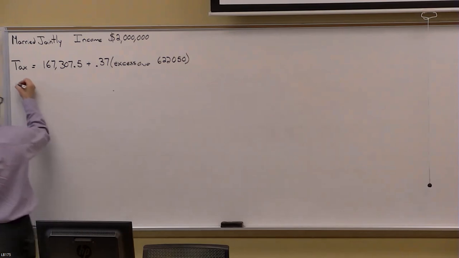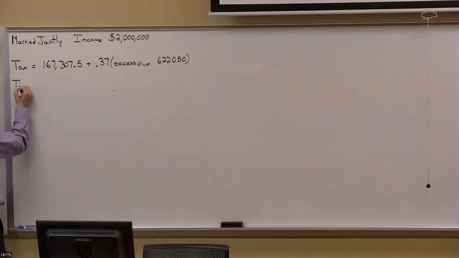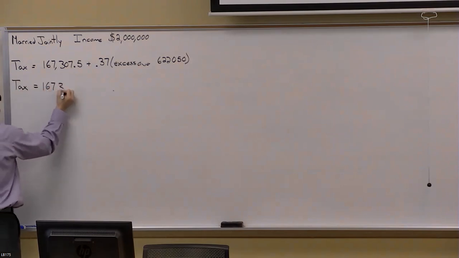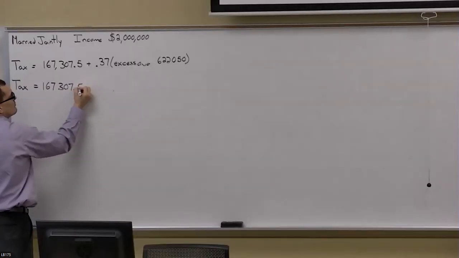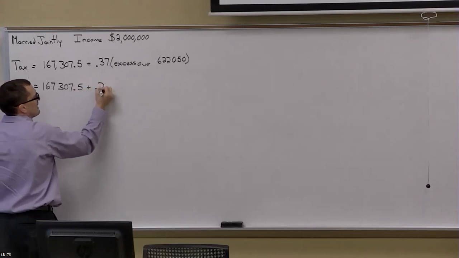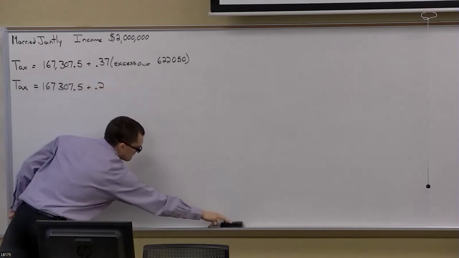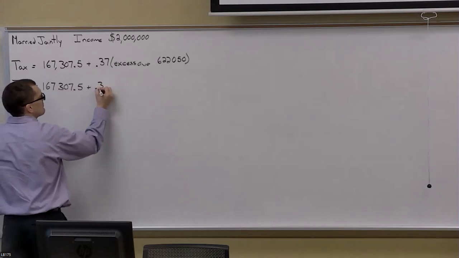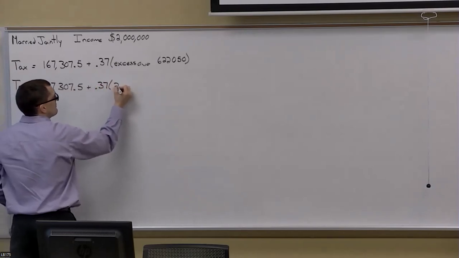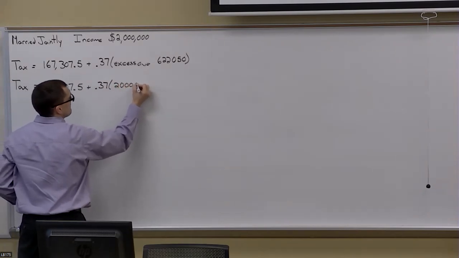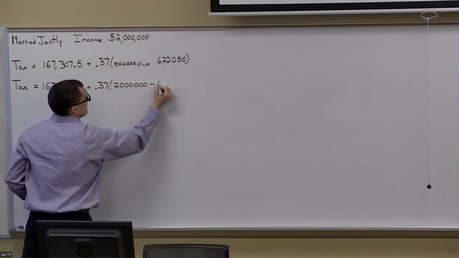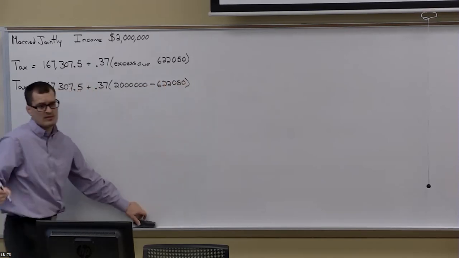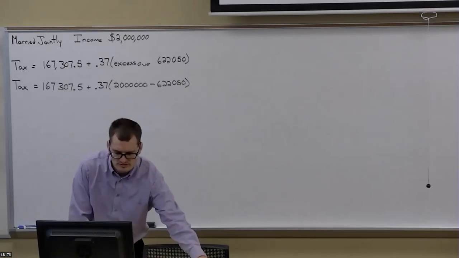All right, so again, we assume no deductions and no tax credits. So assuming no deductions, all we have to do is put in this 2 million, and then do the calculations.